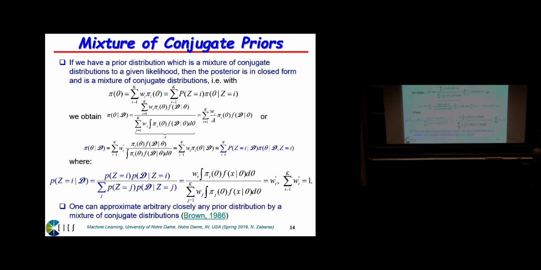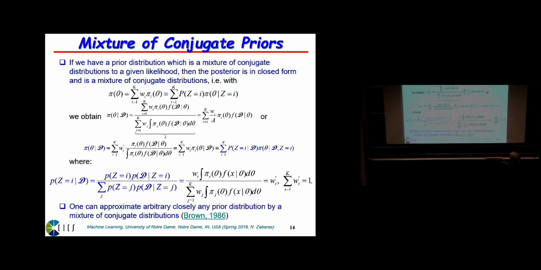So let's plug this into Bayes' rule and see how the posterior will look. I remind you, the posterior is the prior, which you see here, times the likelihood, and then I have the normalization factor. I'm going to have to integrate this thing in the space theta.